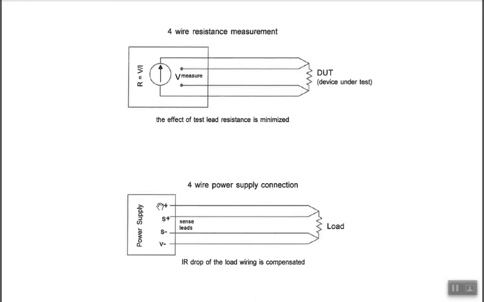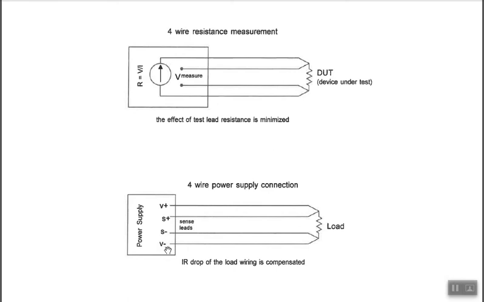So now your output is 24.5 volts here, but at the load, it's exactly 24 coming back through the sense leads, and they're reporting 24 volts. So the power supply will adjust its output to whatever's necessary to get the voltage you want. If you set it for 24, it's going to watch for 24 to show up at the sense leads and adjust the output to be whatever it takes to get that.